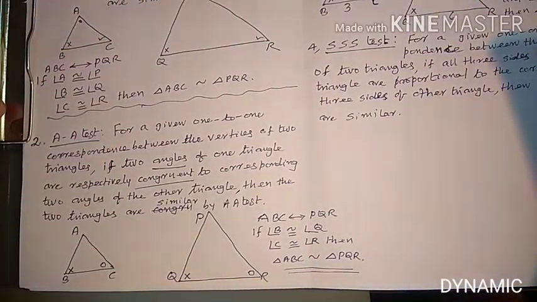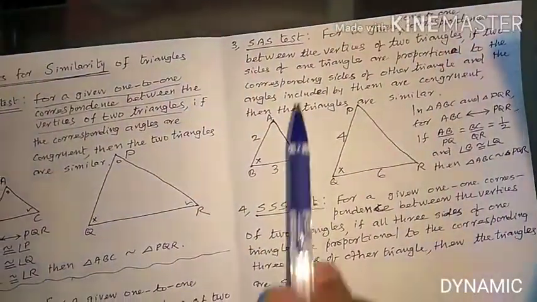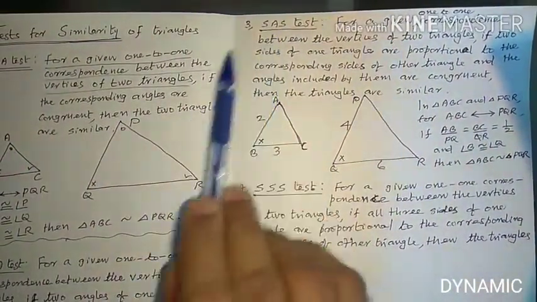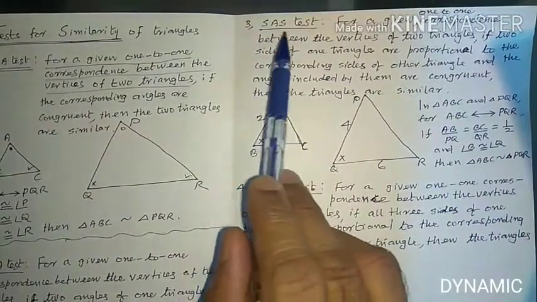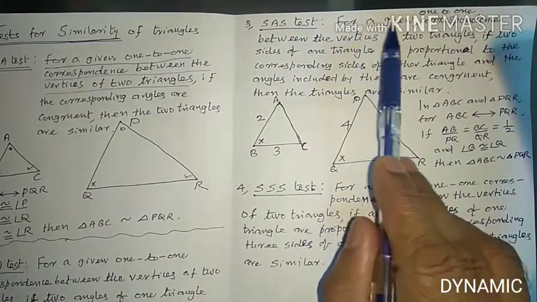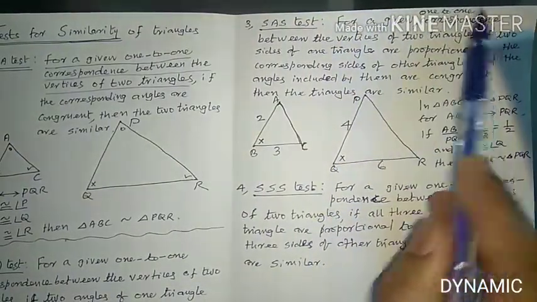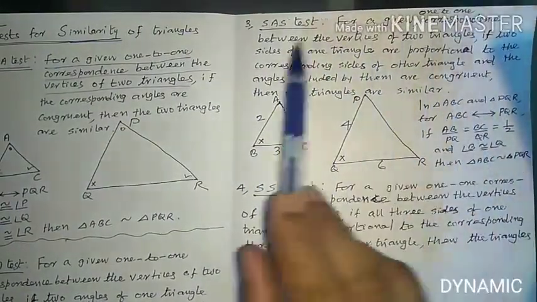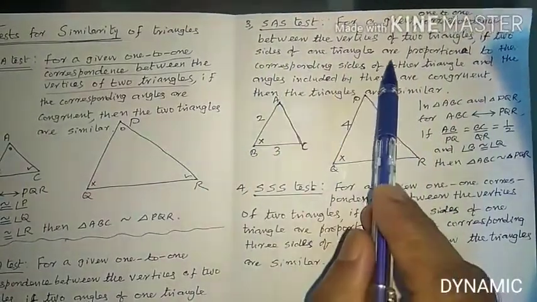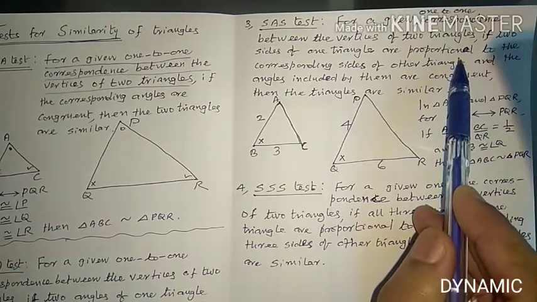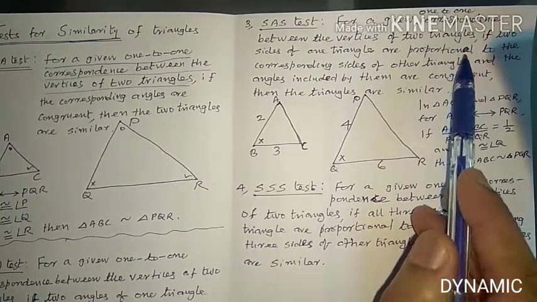Now the third one, SAS test. S stands for side, A stands for angle, S stands for again side. Again the statement is the same thing.